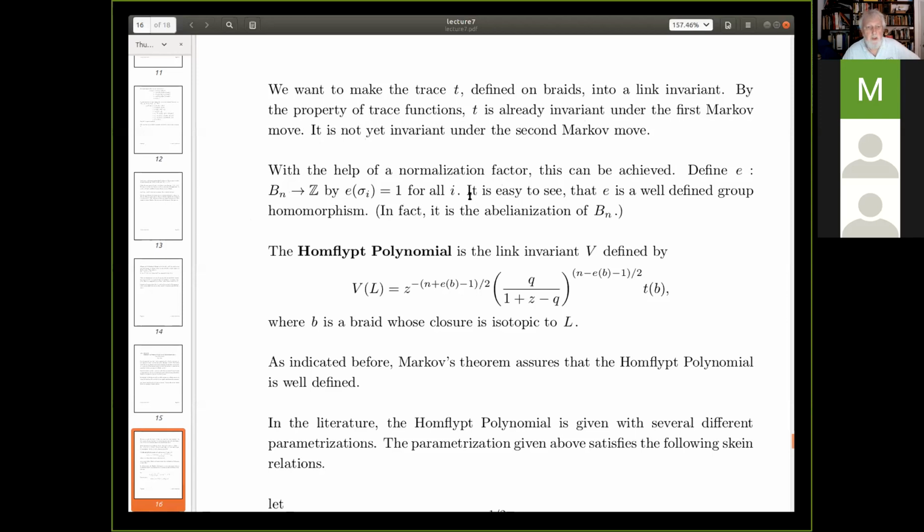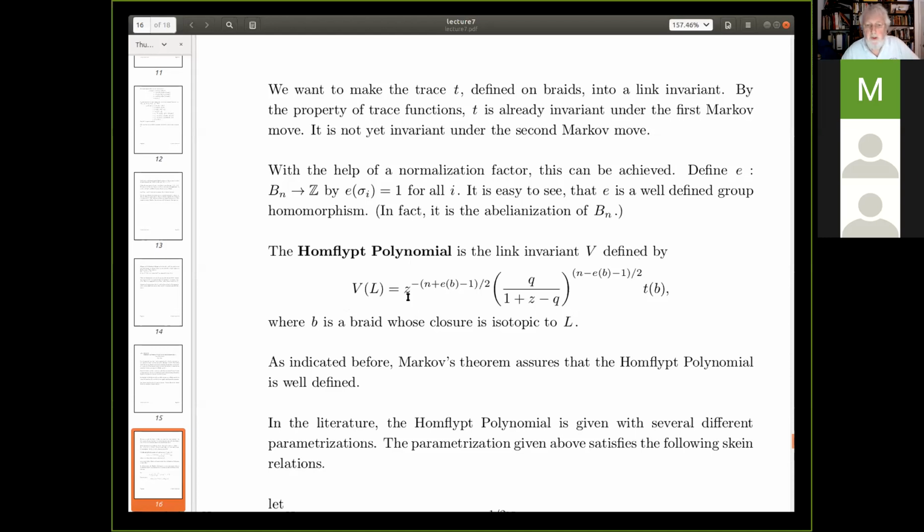This is a well-defined group homomorphism, in fact, the abelianization of Bn. And now we put in a really interesting, complicated formula. The homflypt polynomial is the link invariant V defined by this.